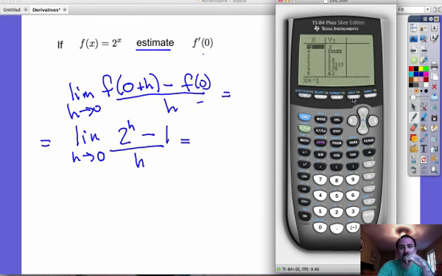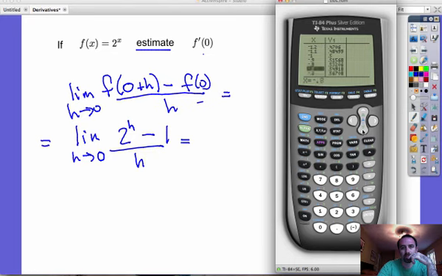At 0, we have an error. So somewhere between 0.5 and 1 is going to be the slope of this function, because the limit of this function as we approach 0 is going to be the same as the derivative of this function at x equals 0. And we can actually come up with an even better estimate if we set our table steps to like 0.1.